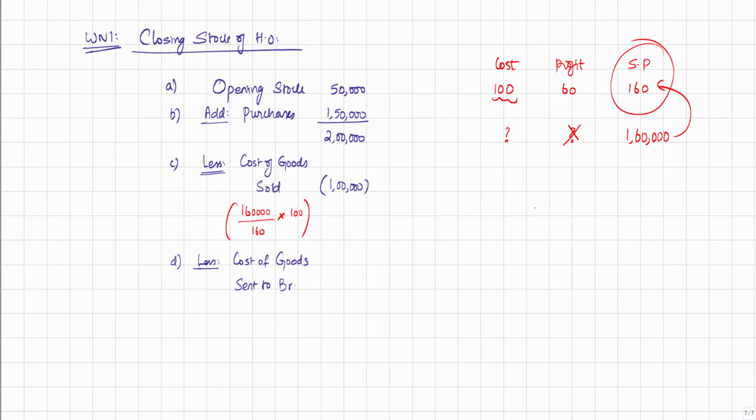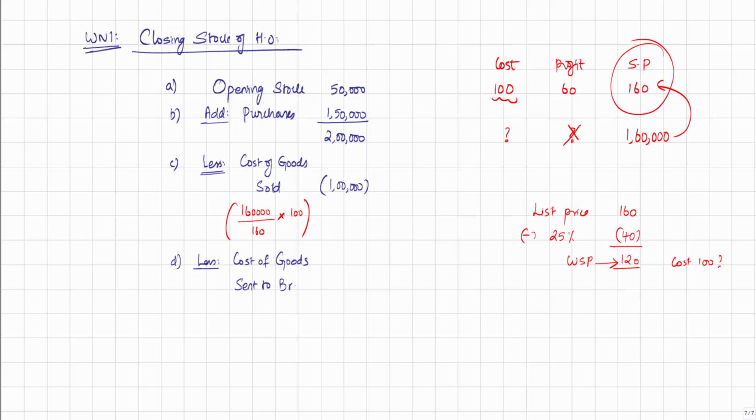So let me put it. If I say list price is 160, now from this list price we have to subtract 25%. Less 25%. So 25% works out to 40, right? So you get a price now which is 120. This is nothing but the wholesale price at which goods are sent to branch. So when goods are sent to branch, it is at wholesale price which is equivalent to 120, but we are more concerned about the cost which is 100.